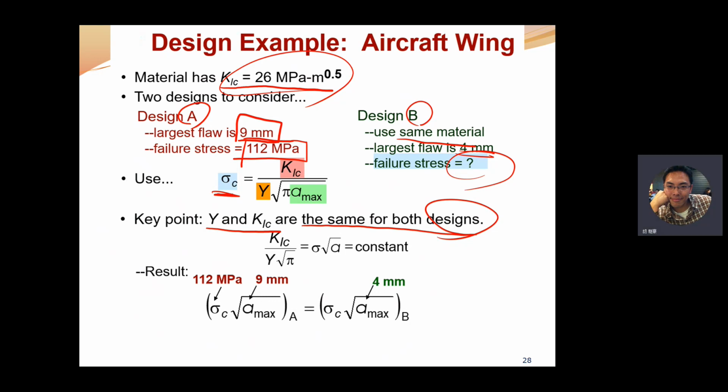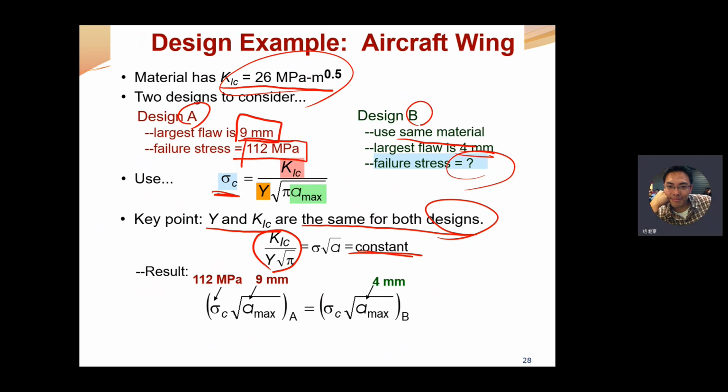Therefore, K1C divided by Y times square root of pi, for these two designs, is the same. It's constant. Okay, is that clear? It's constant.